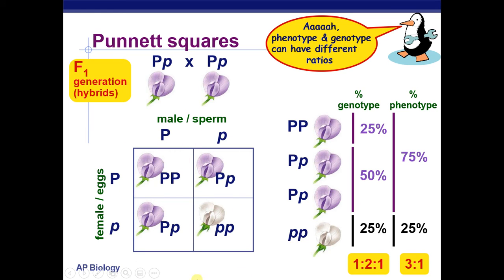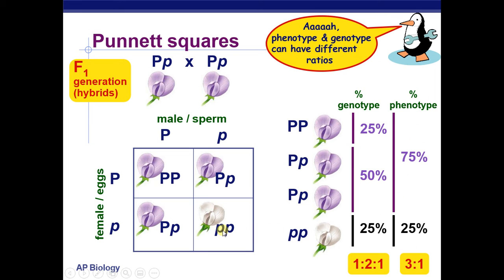This square represents the probability or the proportion of offspring that would have each genotype and each phenotype. So we would expect 75% of them to be purple and 25% of them to be white as far as the phenotype.